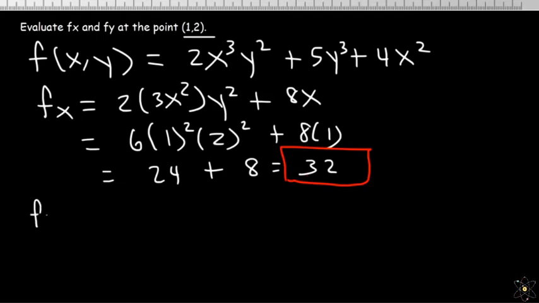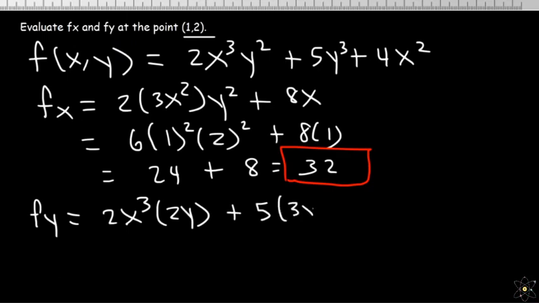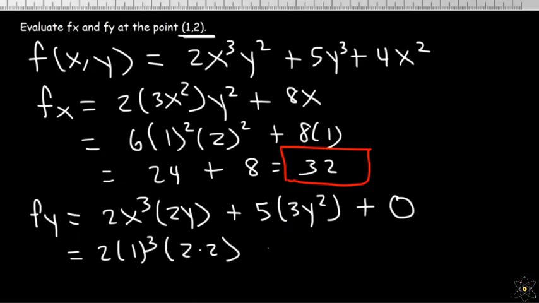Now let's do the same for f sub y. So first we've got to find it. Let's treat x as a constant. The derivative of y squared is 2y, and the derivative of y cubed is 3y squared. And 4x squared is a constant, so that becomes 0. Now let's plug in the point 1, 2. 5 times 3 is 15.